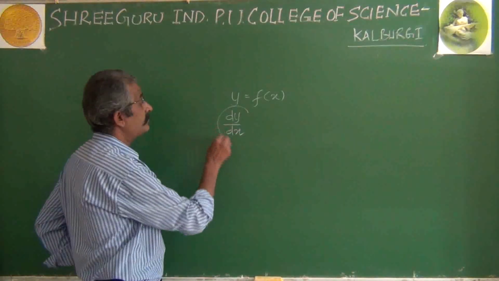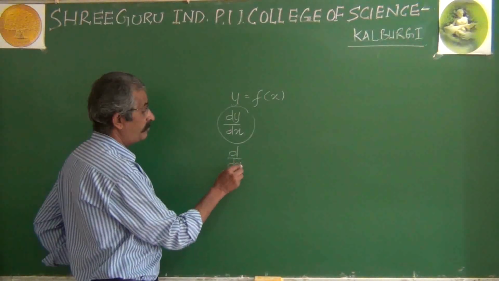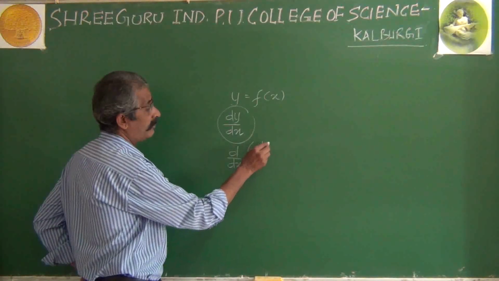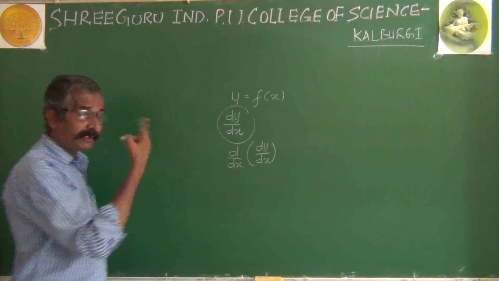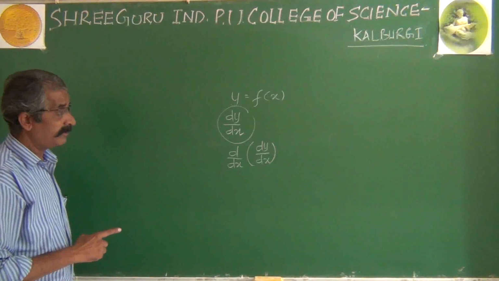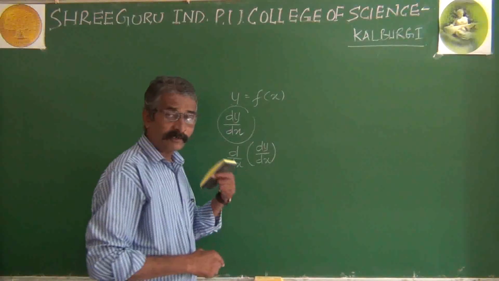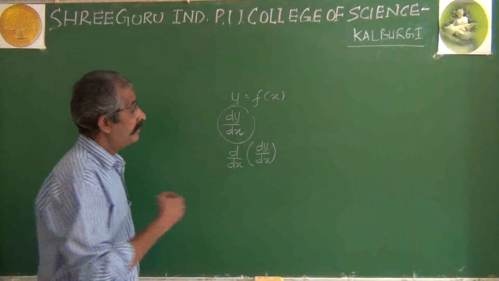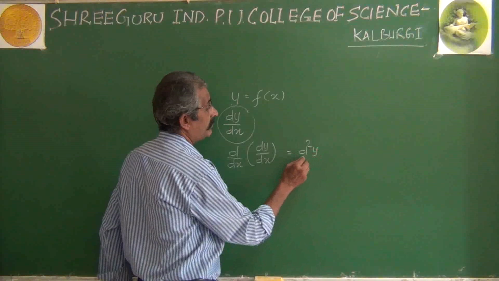So when we differentiate dy by dx, keep in mind it will be the second time differentiation of y. The result is called the second derivative or double derivative, and it is denoted by d2y by dx2.